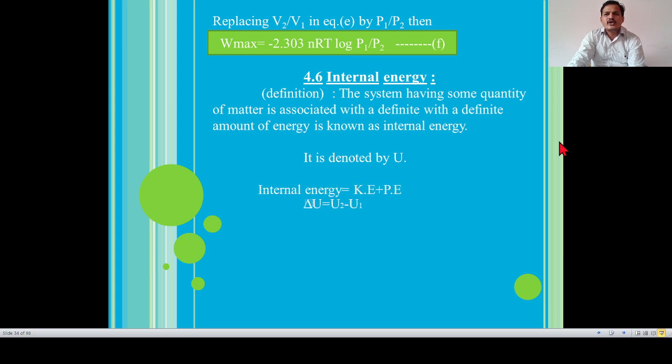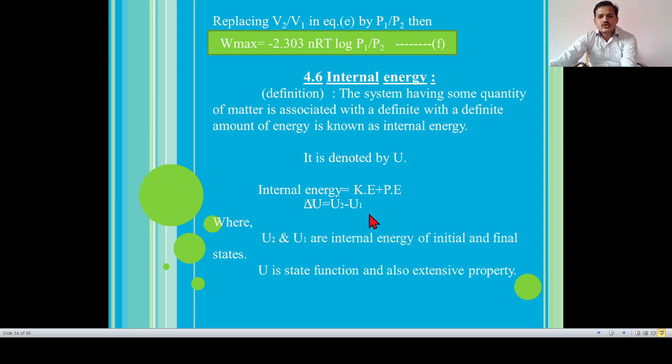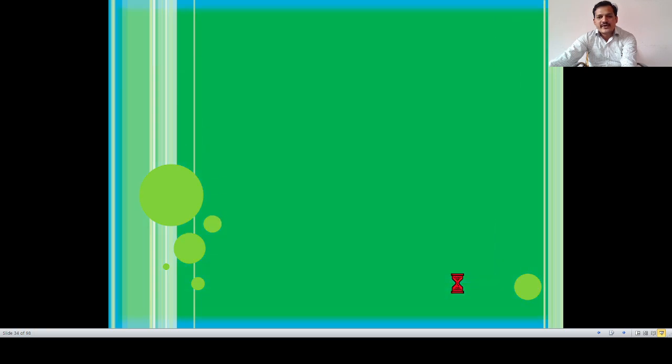It is denoted by U. Internal energy is equal to kinetic energy plus potential energy. Change in internal energy is denoted by delta U, so delta U is equal to U2 minus U1, where U2 and U1 are the internal energy of the final state and initial state. Internal energy is a state function and also an extensive property.